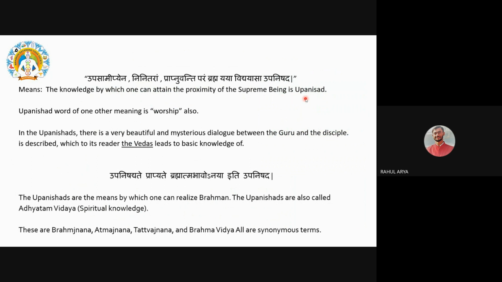Those texts which help to know the supreme knowledge about the Brahma Tattva are the Upanishads. Another meaning of the Upanishad word is worship, the worshipping of the Brahma Tattva. That we call the Upanishads.